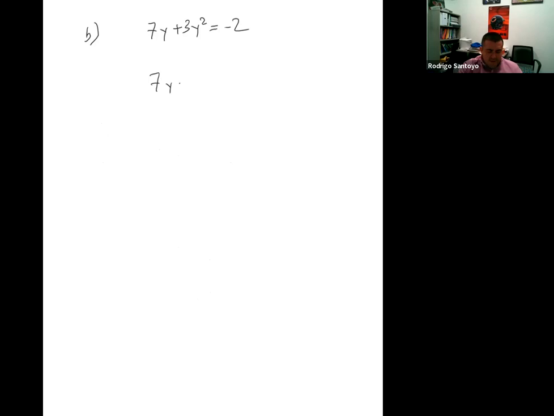We just add 2 to both sides. It's a nice, easy step. I'm also going to rewrite it, so it's 3y squared plus 7y plus 2 equals 0. Any questions there?